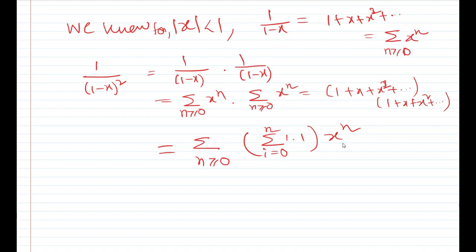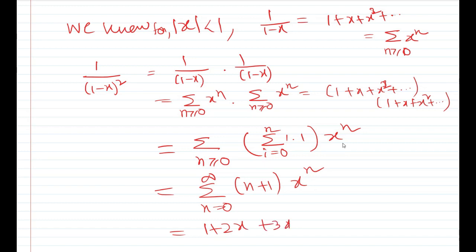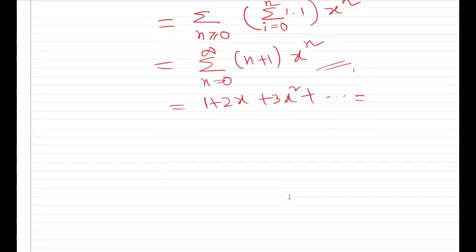Now we are just multiplying the powers of x, so the coefficient of x to the power n is the sum over i from 0 to n of 1 into 1. So this equals n plus 1 into x to the power n, because here i starts from 0 and ends at n. So it is 1 plus 2x plus 3x square and so on. So this function f(x) equal to 1 by (1 minus x) square is actually given by this power series. So this is the concept of generating function.